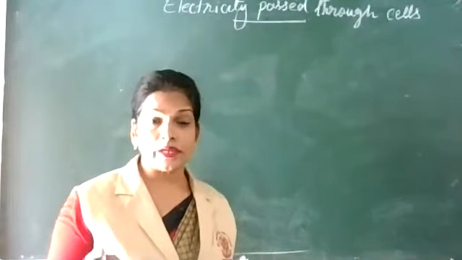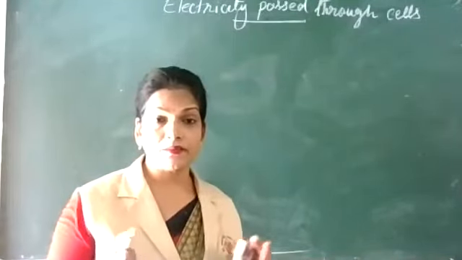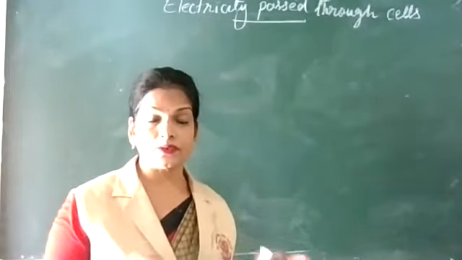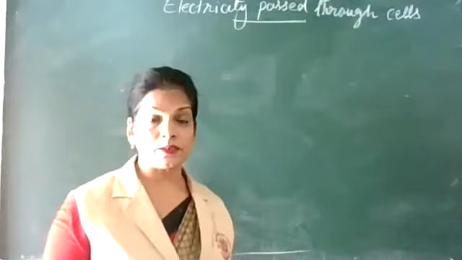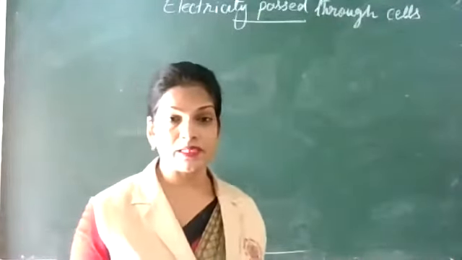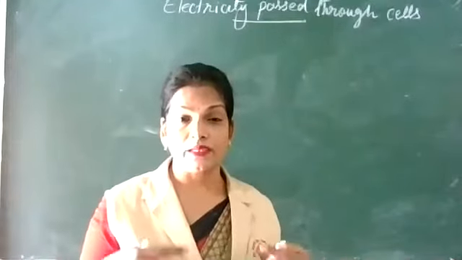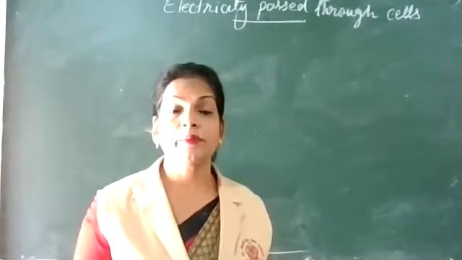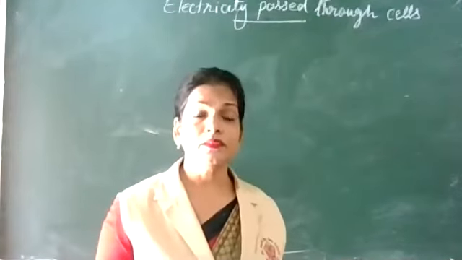But salt, NaCl, an electrolyte, will change into Na+ and Cl-; CaCl2 into Ca2+ and Cl-; MgCl2 into Mg2+ and Cl-; AlCl3 into Al3+ and Cl-. So these different electrolytes, when dissolved in water, will conduct electricity.